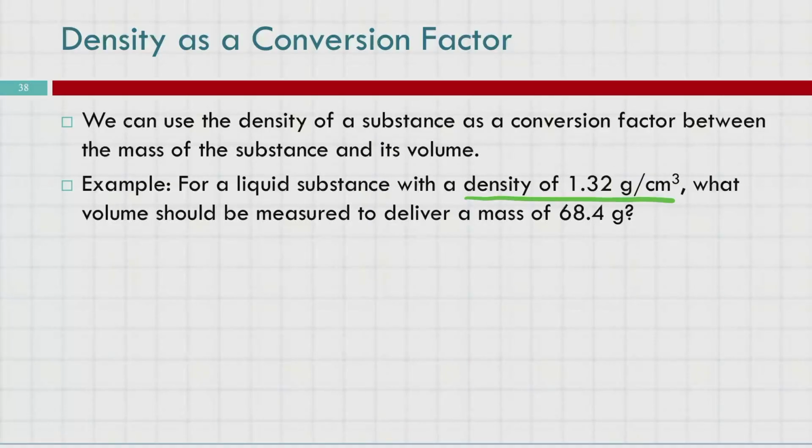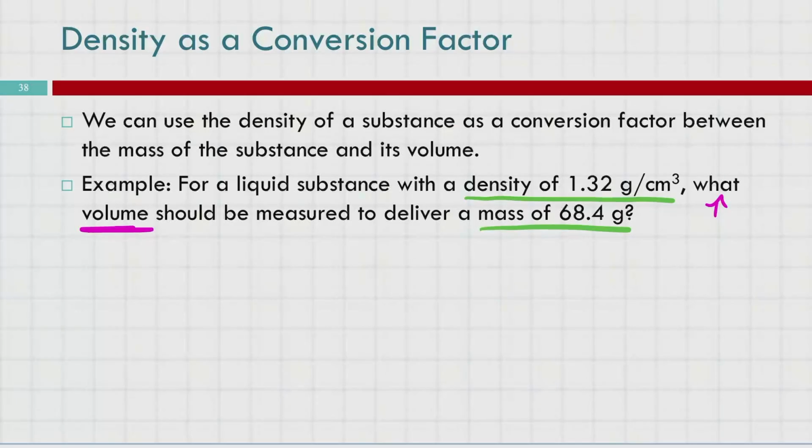What are we finding? Are we finding volume or mass? We're finding volume. It's right next to our question word of what. So we're asking what volume should be measured to deliver a mass of 68.4 grams.